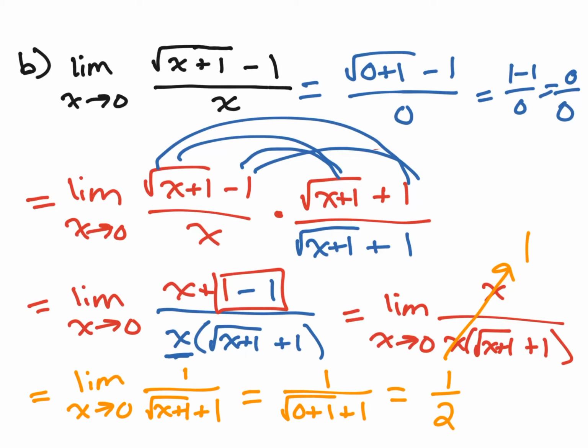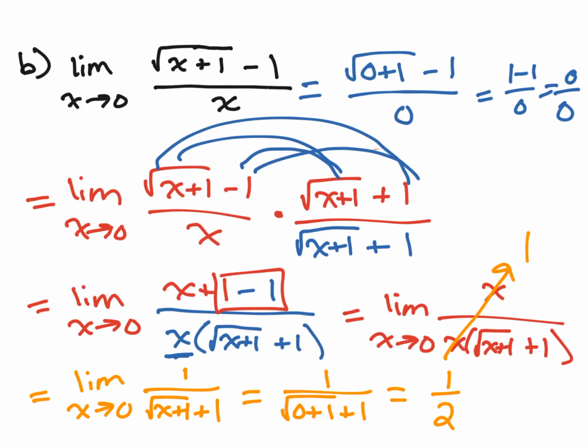Okay, so everybody understand where my mistake came from? And now it's fixed. So when you see a square root in a problem, after you've determined that it's 0 over 0, because you always want to do direct substitution first, I will put problems on the test that look just like this, but when you plug in, you don't get 0 over 0, you just get a number.